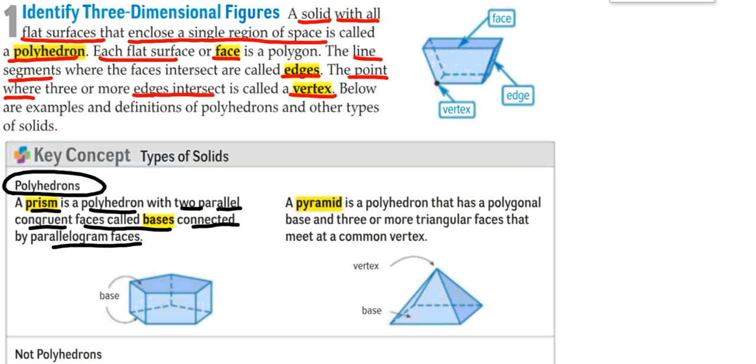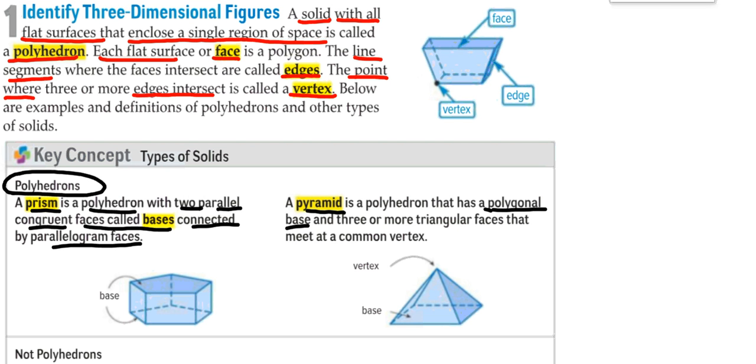The other reason I comment on that is there might be oblique pictures in our homework activities, and if there are, you would omit those, and I shouldn't have assigned them. A pyramid, same kind of idea. It's a polyhedron. It has a polygonal base, so it's only 1, and 3 or more triangle faces that come up to meet at a common vertex.